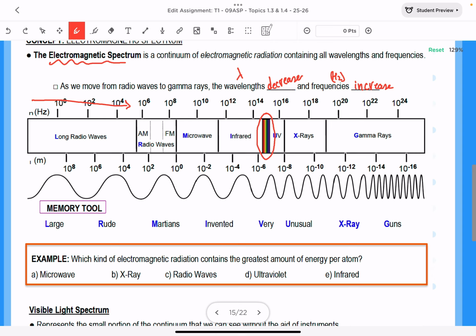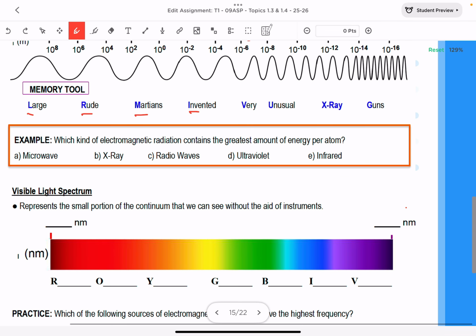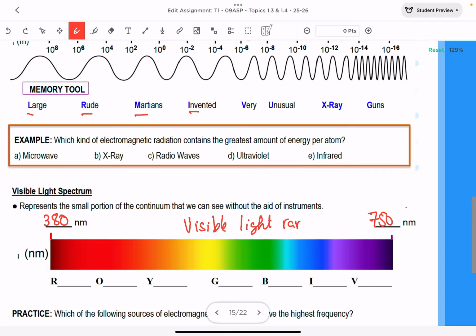Now, our eyes can only detect the wavelength in this range, what we call the visible light. And the visible light is over here. This is the visible light: the red, the orange, yellow, green, blue, indigo, and violet. Now, to be more specific, any wavelength between 380, or you can even say 400 nanometer, and 750 nanometer falls in the visible light range.